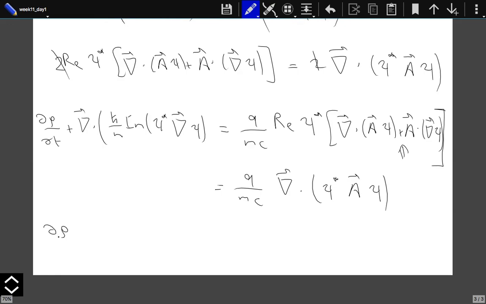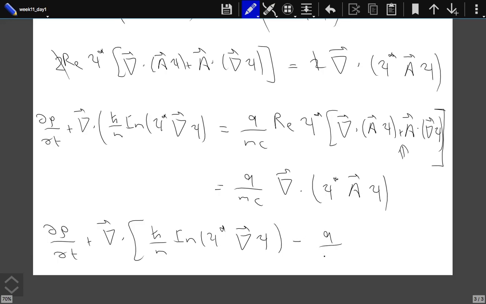Or if we combine them on the left-hand side, plus the divergence of h bar over m imaginary part of psi star gradient of psi, minus q over mc psi star A psi.